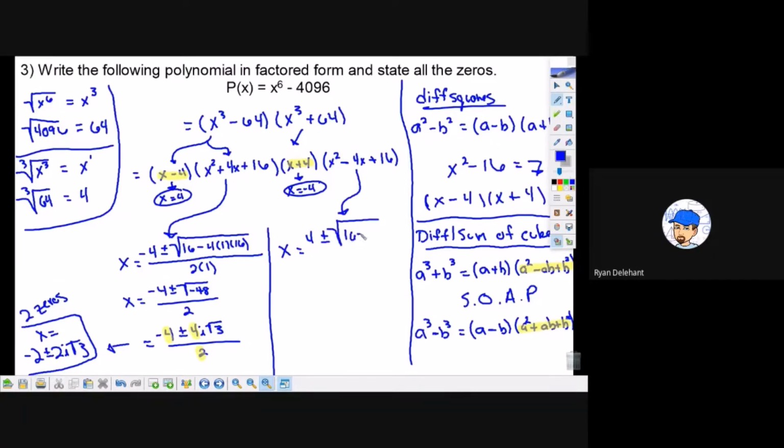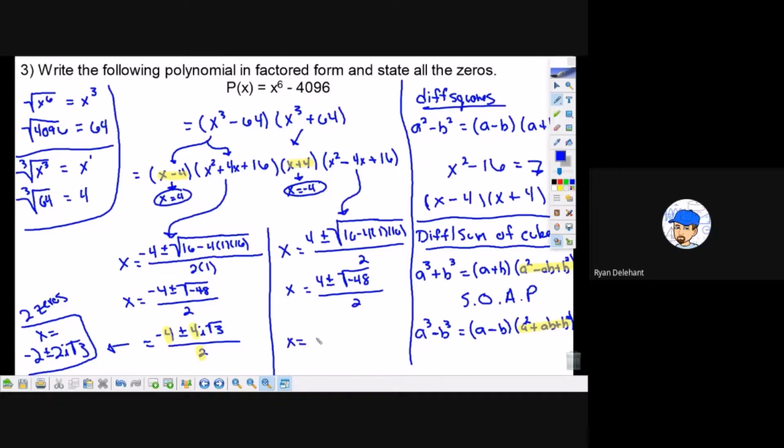We're going to get 16 minus 4 times 1 times 16 all over 2. So that's 4 plus or minus the square root of -48 again, because all these numbers are the same, over 2. What's the only difference? This one is just not going to have a negative in front when you write it out.